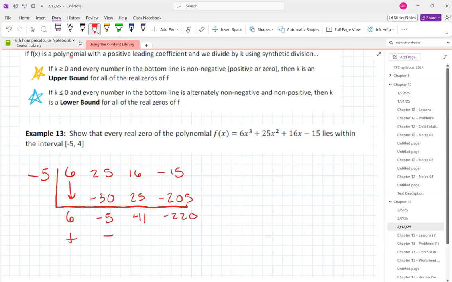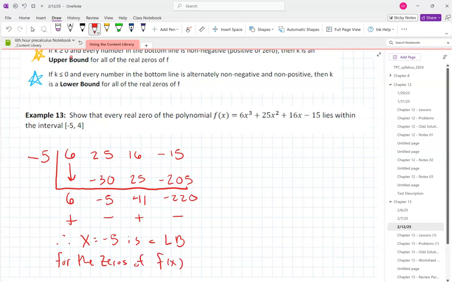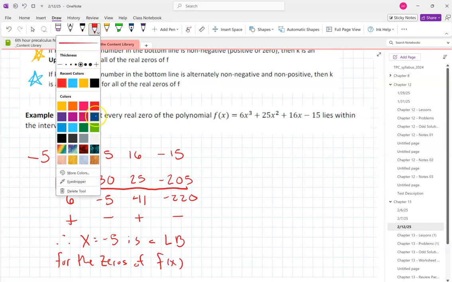and what I notice is that these are alternating. And I'm done.